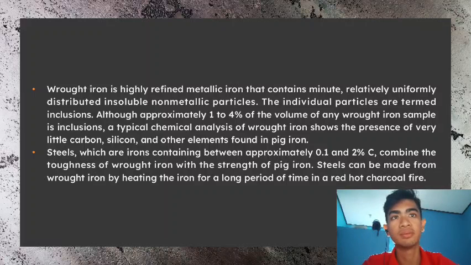Steel can be made from wrought iron by heating the iron for a long period of time in a red-hot charcoal fire. The hot iron absorbs carbon from the charcoal so that the carbon atoms diffuse into the iron lattice. The result is an iron-carbon solid solution alloy that we know as steel.